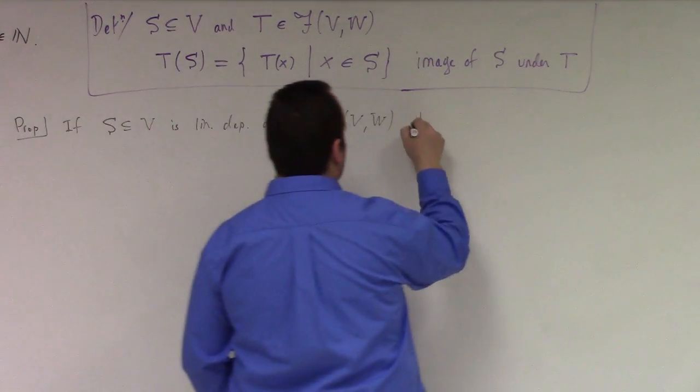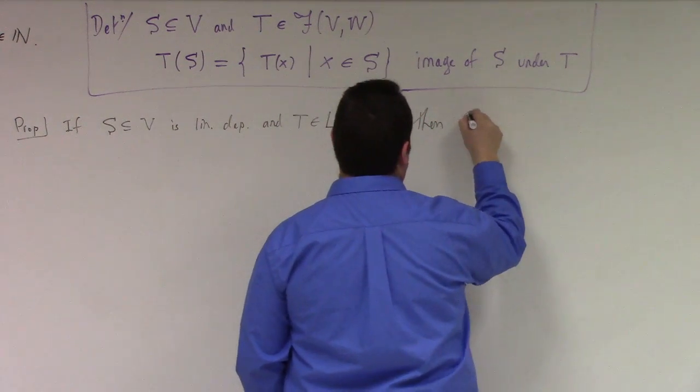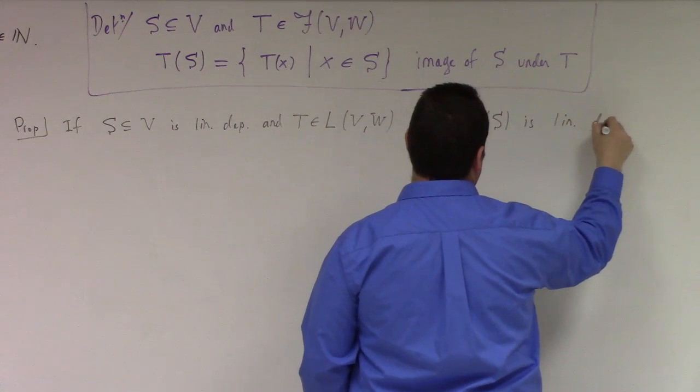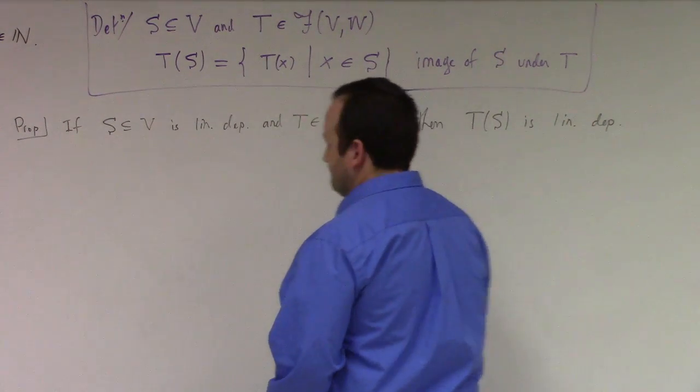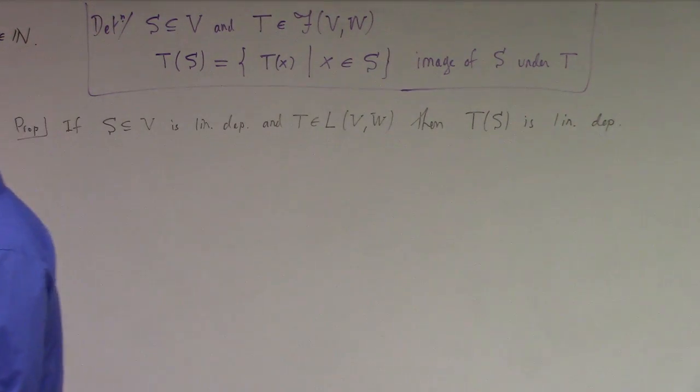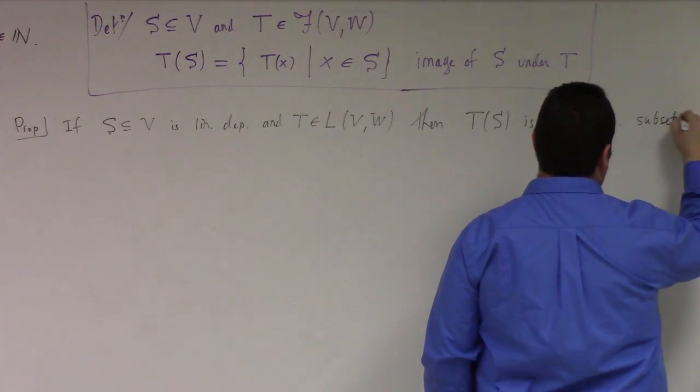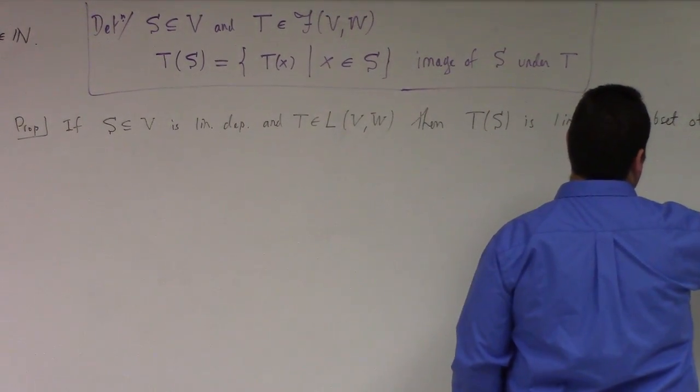Then T of S is linearly dependent. It's a linearly dependent subset of what, to be precise? Of W.